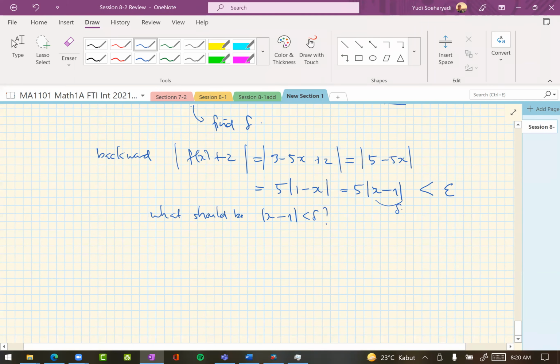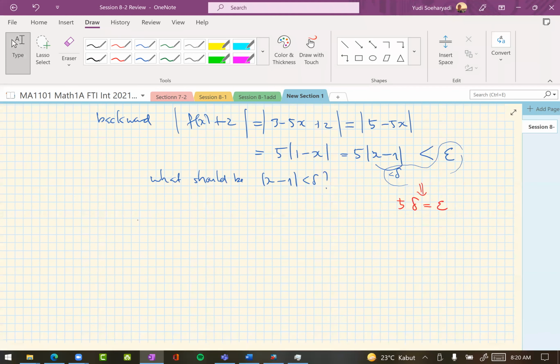So this is delta. You can figure out from here 5 times delta less than epsilon, so you make a comparison here. From here you get that delta is epsilon over 5, so you choose that.